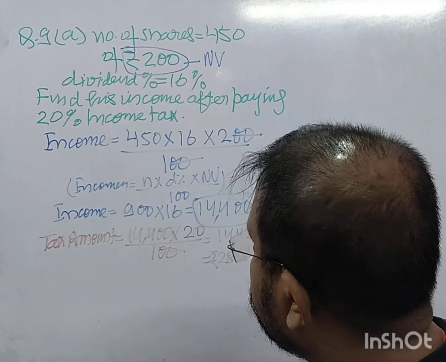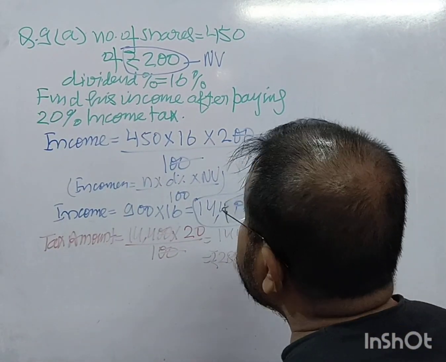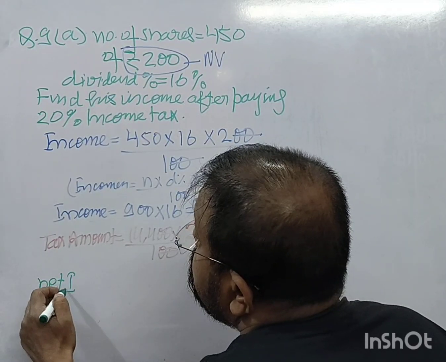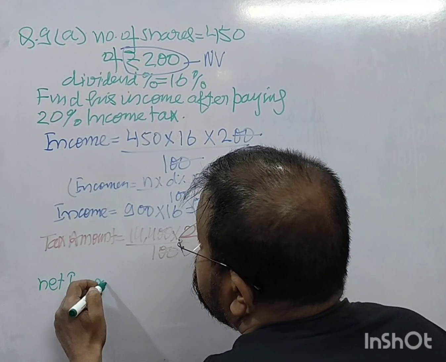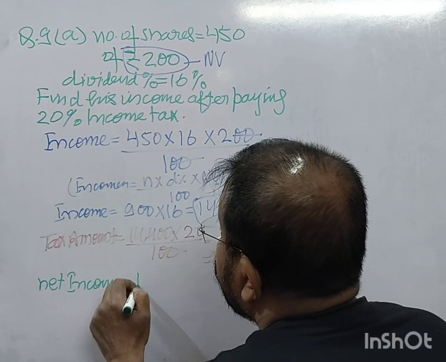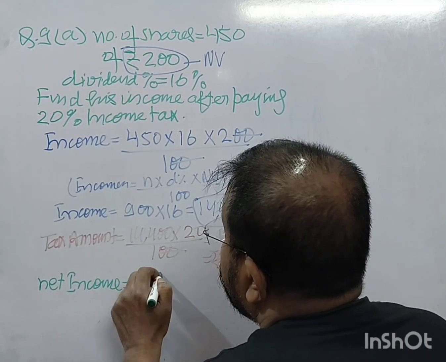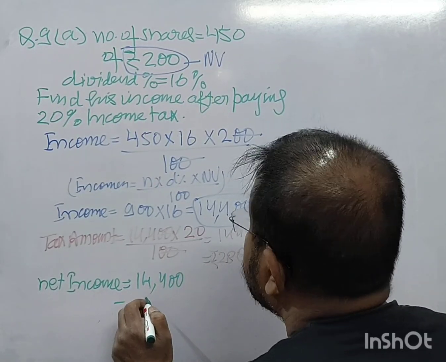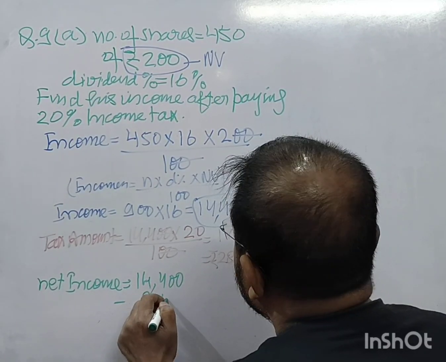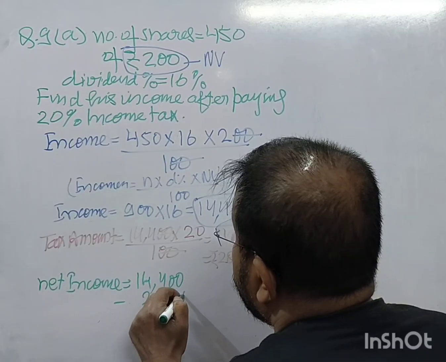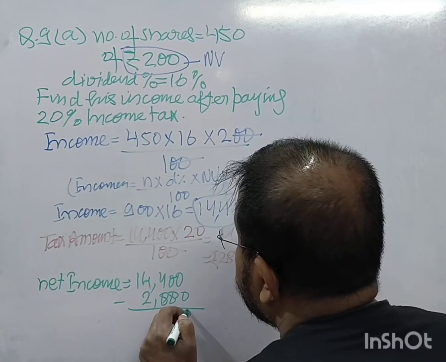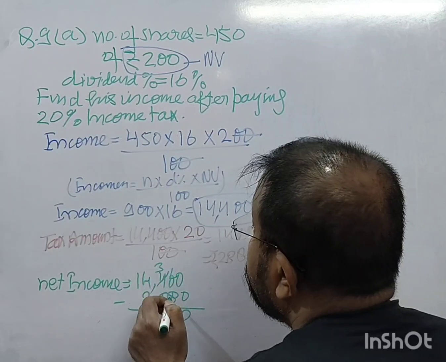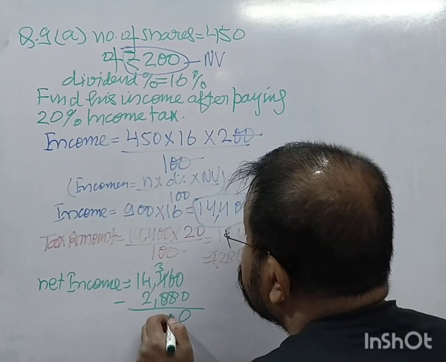So net income is equal to 14,400 minus 2,880. You have taken 3 from here. Here it is 10. 10 minus 8 becomes 2.